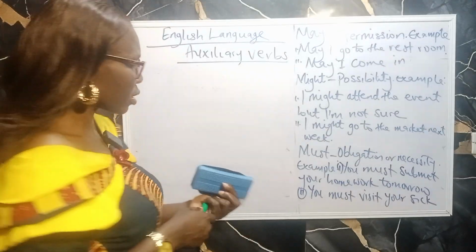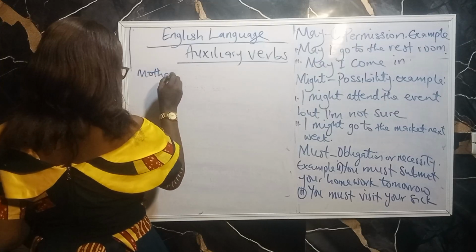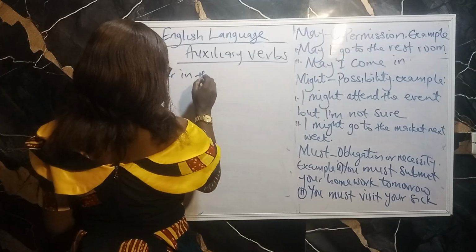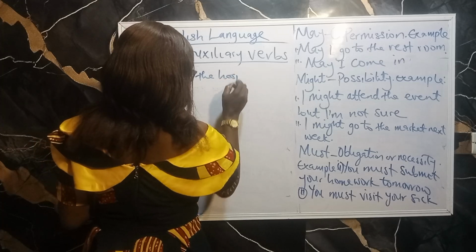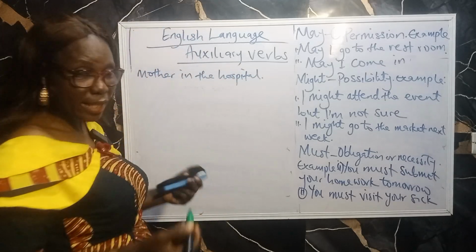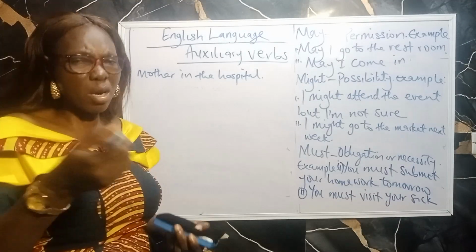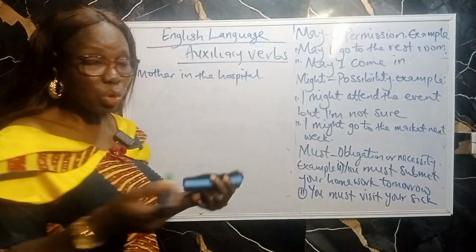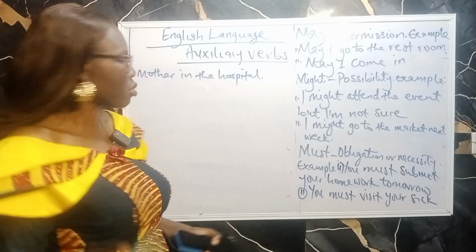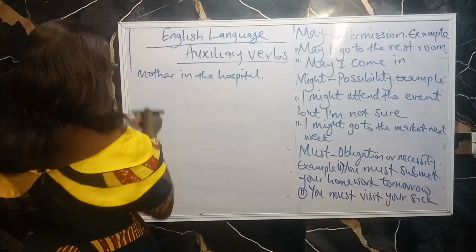You must visit your sick mother in the hospital. We're talking about obligation or necessity. What you're supposed to do, or not just supposed, what you must do. You are obliged to do it. It is necessary that you do it.